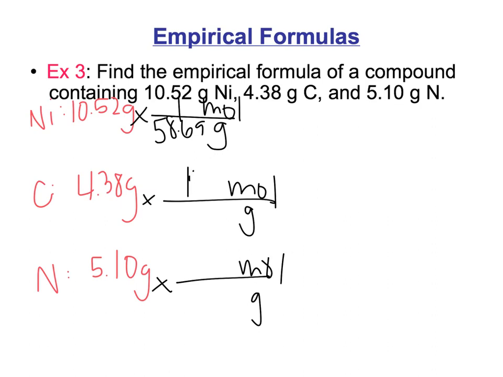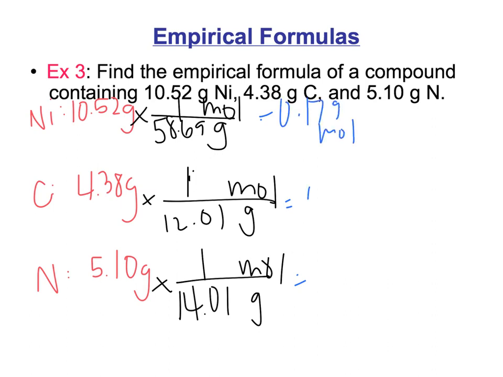Carbon, for every 1 mole, 12.01. And for nitrogen, for every 1 mole, it's 14.01. Then calculate this, and we find 0.179 moles, 0.365, and 0.364. So we converted to moles.